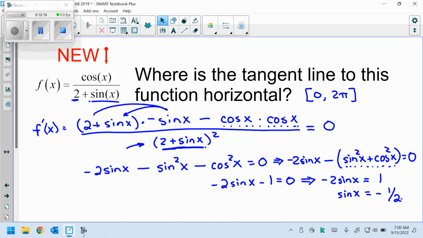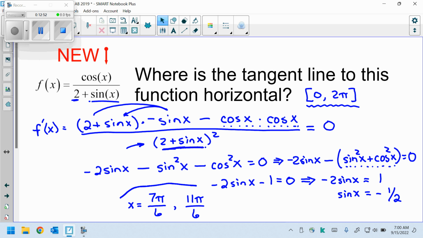Now, do you know the unit circle? Do you know where that happens? Where's the sine? Where's the y value, -1/2? If you are thinking that happens when x is, again, on this interval between 0 and 2 pi, 7 pi over 6 and 11 pi over 6, then you do indeed know your unit circle.